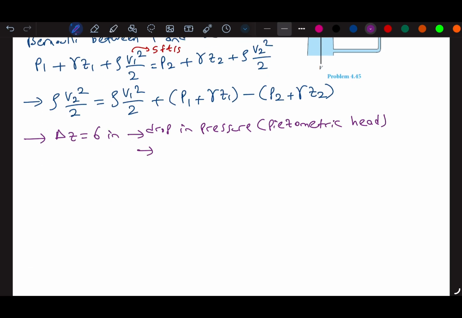What we should understand from piezometric head is that this is P1 over gamma plus Z1.